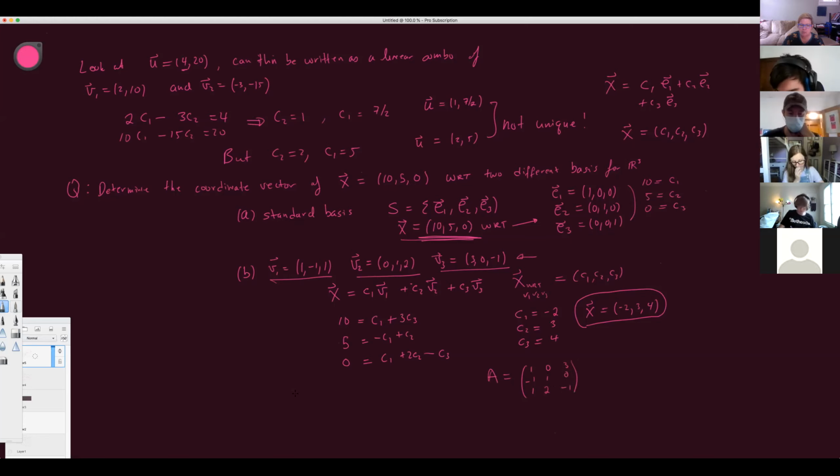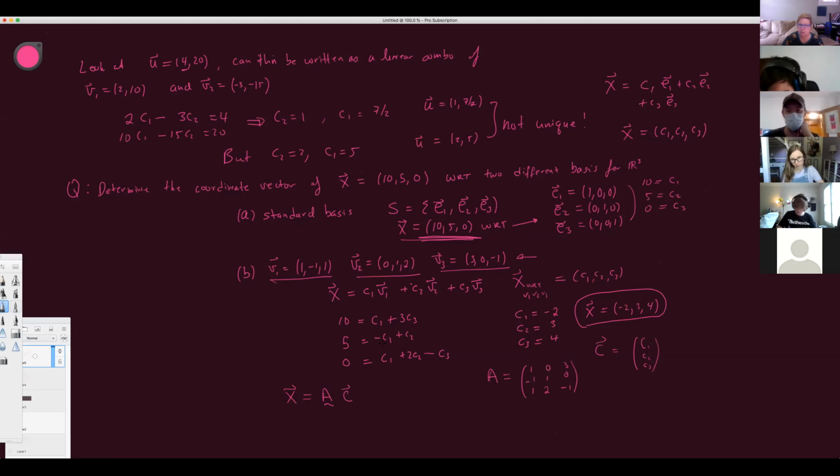And the equation this comes from is x equals A times the vector c, where c is c1, c2, c3. If you think about matrix multiplication, what would you get? You would get 1, 0, 3 times the vector c, so that would give you 1 times c1 plus 3 times c3.